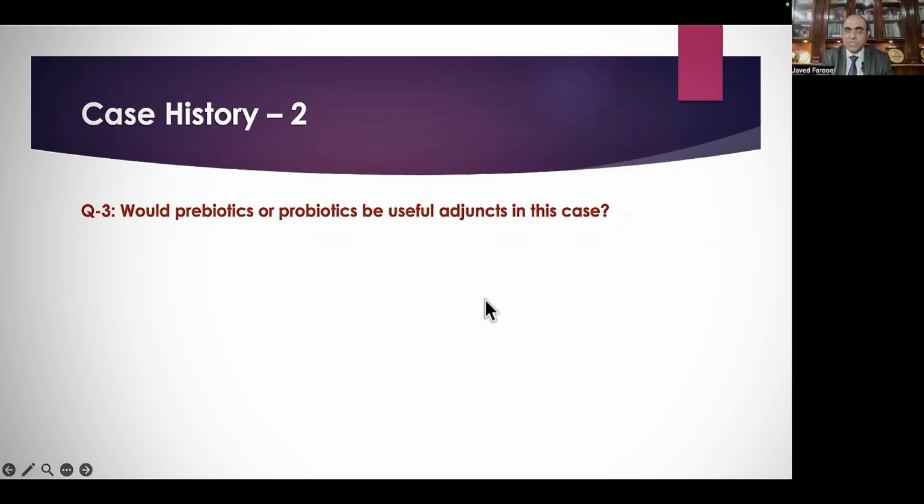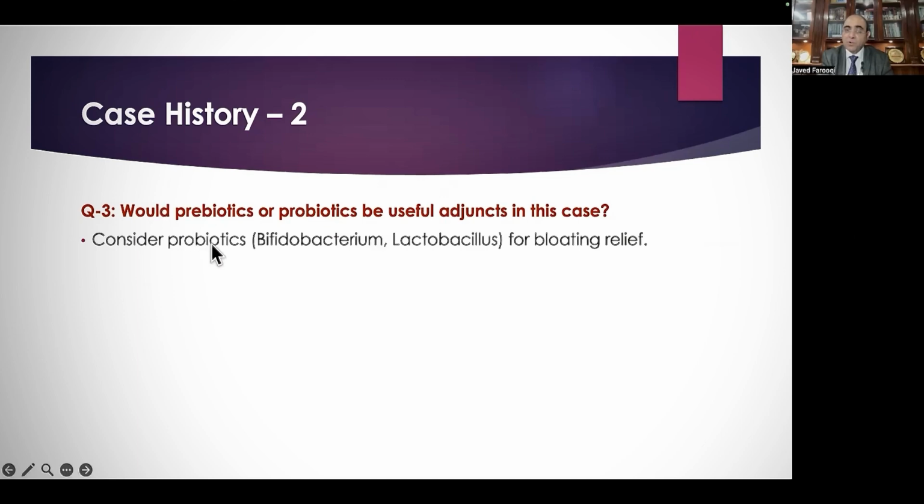The third question: would prebiotics or probiotics be useful adjuncts in this case? Answer is consider probiotics, that is the bifidobacterium, lactulose for bloating relief.